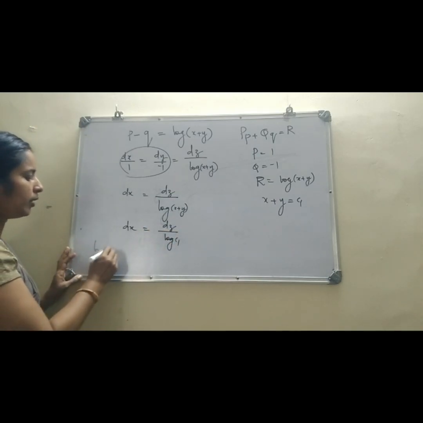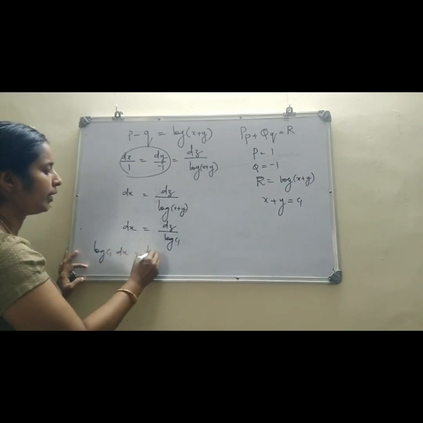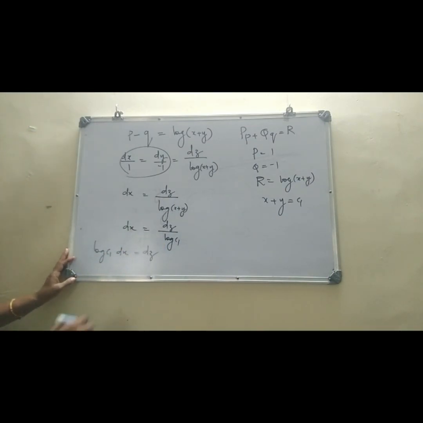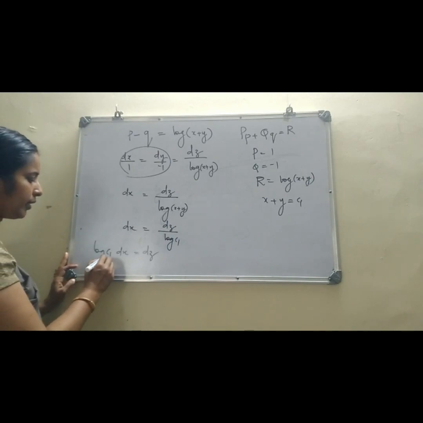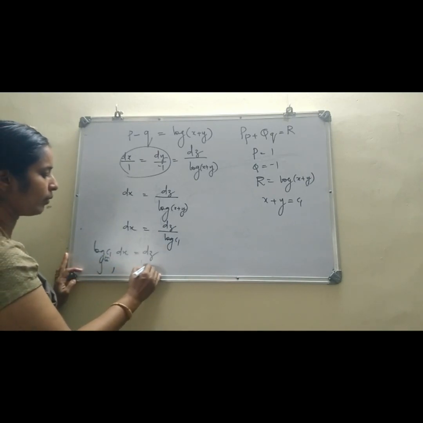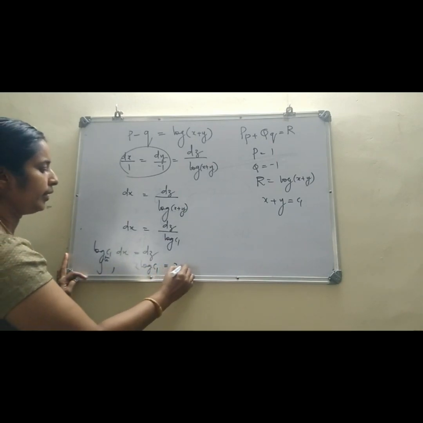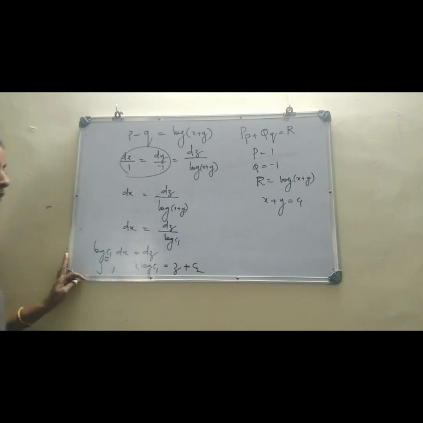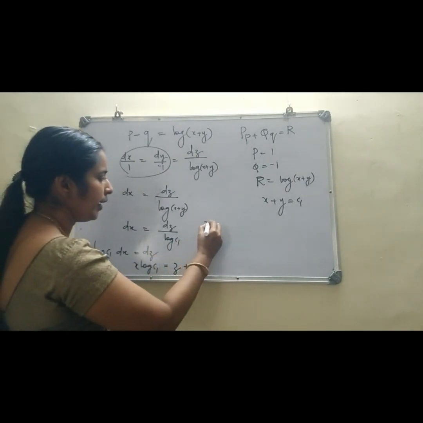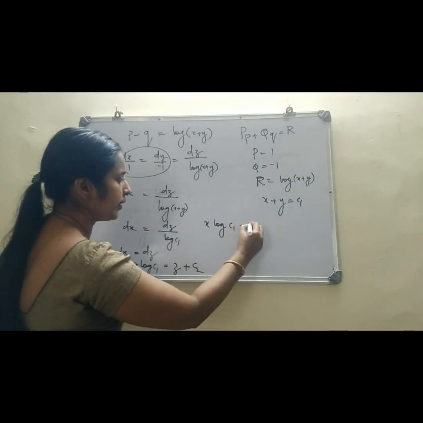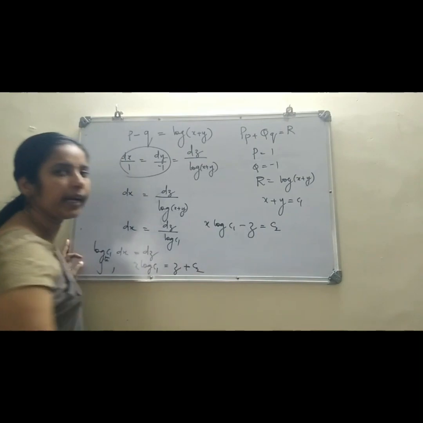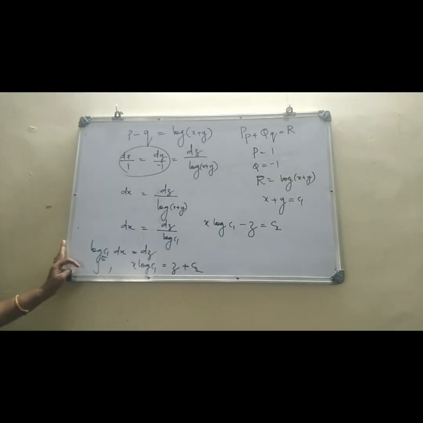That is log c1 dx is equal to dz. By integrating, its solution is log c1 into x. That is x log c1 is equal to z plus c2. That is x log c1 minus z equal to c2. That is another solution. What is c1?